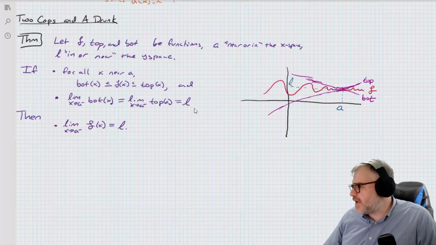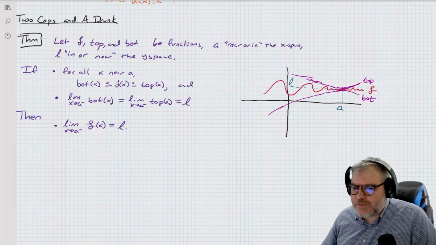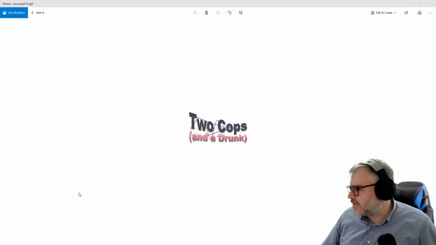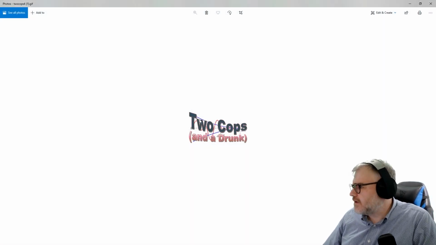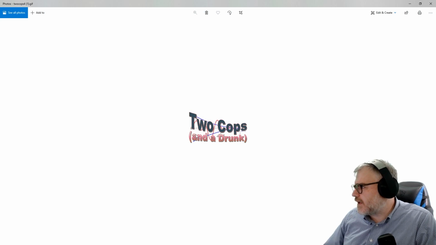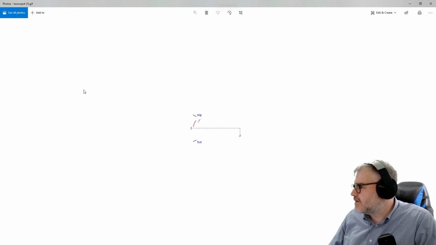Right, so here's the picture. Let me see, can I zoom? This will not let me zoom, so you're going to have a small picture. So here's the picture. Here's two cops and a drunk. Let's see if it'll go again. There it is.